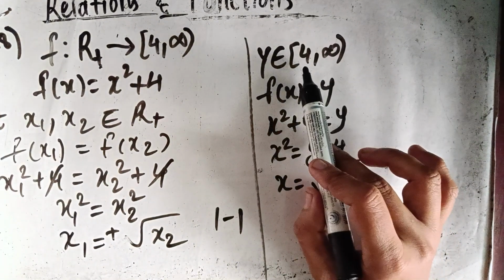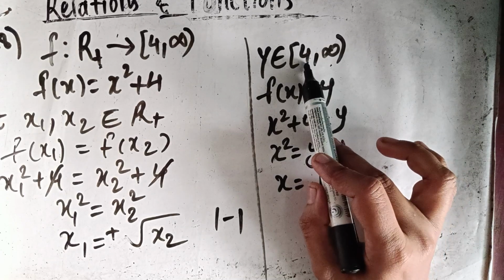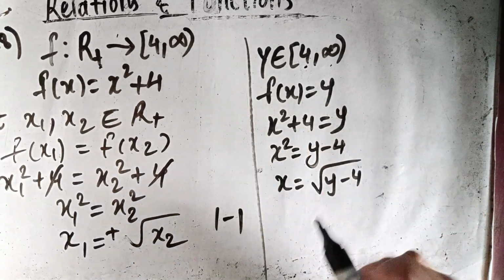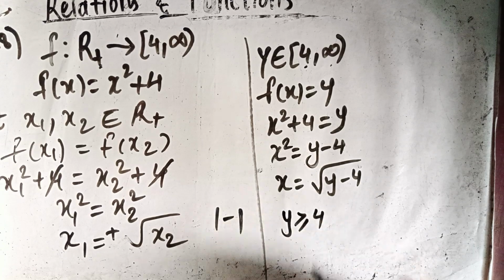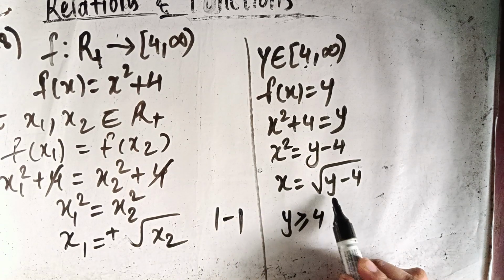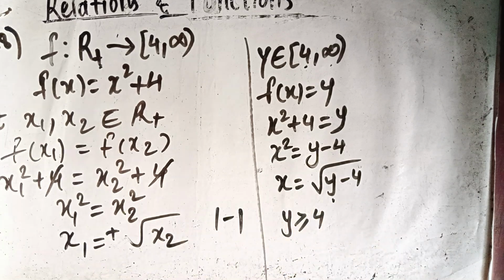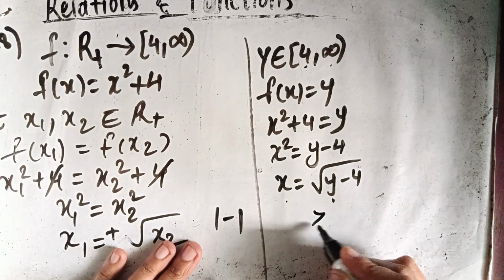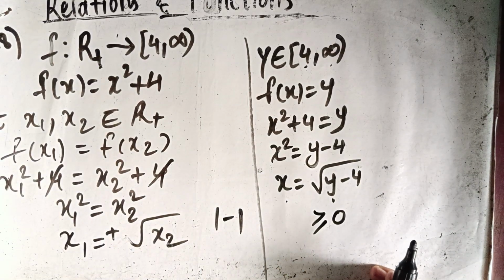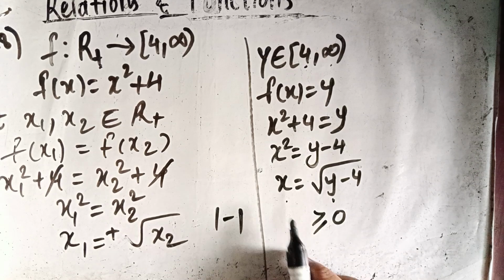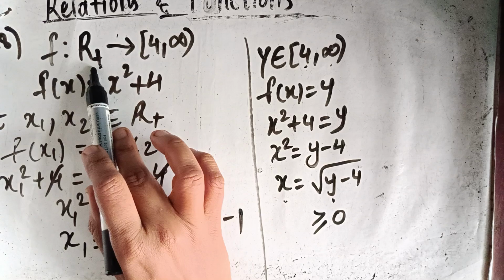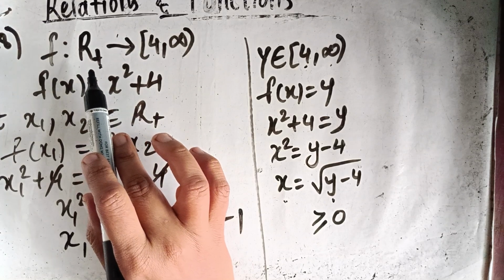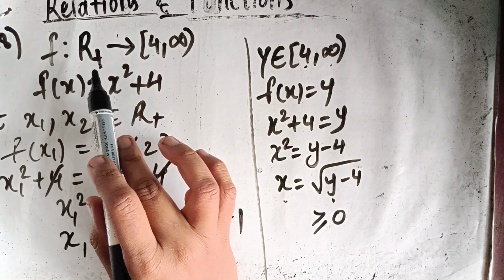And it is defined from 4 to infinity, right? So all the numbers are greater than or equal to 4. If I take 4, it will be 0, and 5 will give 1. So no negative numbers are there. So this value x is always greater than or equal to 0, and it has to be like this because our domain is the set of all non-negative real numbers.